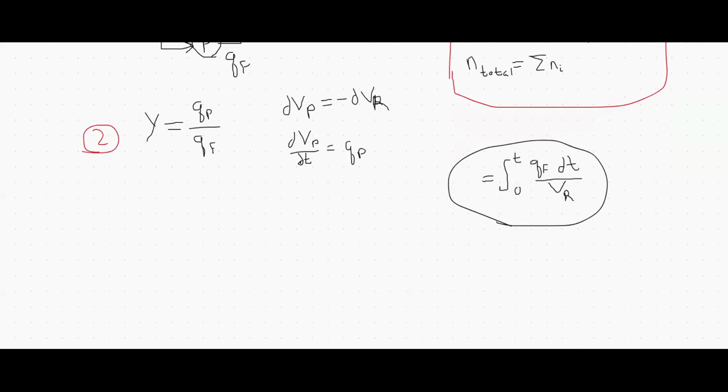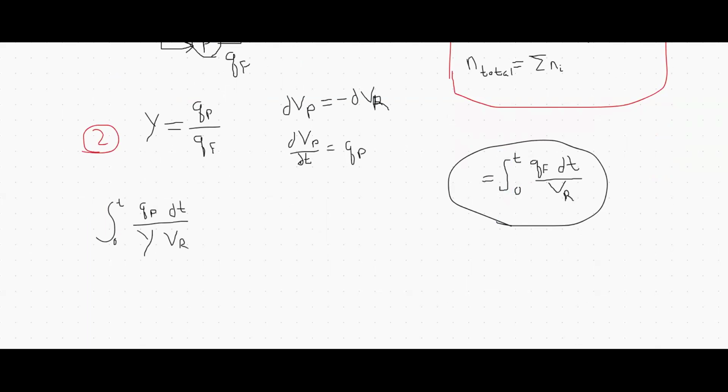We're going to rearrange this conversion for F and plug it into our equation. So we'll have the integral from 0 to T, and then that's equal to QP over the conversion factor Y, dT, and then VR.